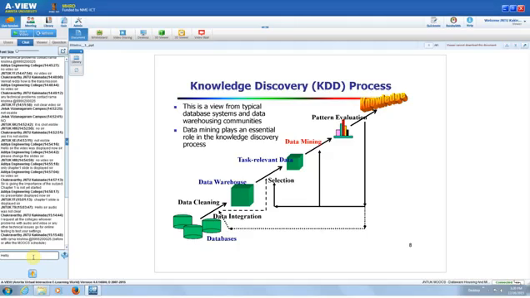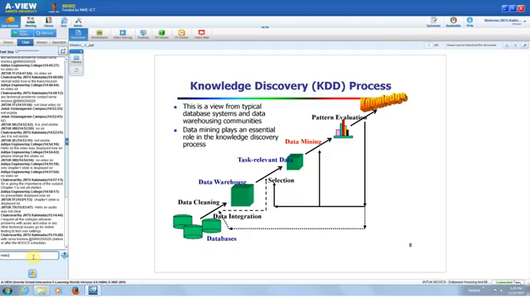So from this, you have the data cleaning. What is this data cleaning? I'll tell you. This data needs to be cleaned and integrated. I'll explain in detail what this cleaning and integration is. Then that goes to the warehouse.